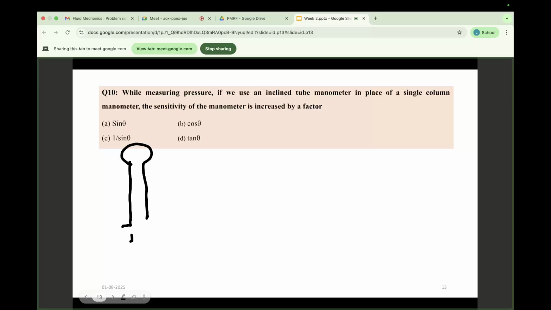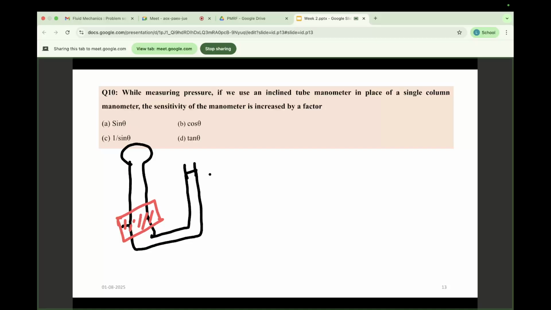Sometimes you will find these types of arrangement in between in some of these cases. But for a generalized case I take this one as a single tube manometer. So this one is a single tube manometer.